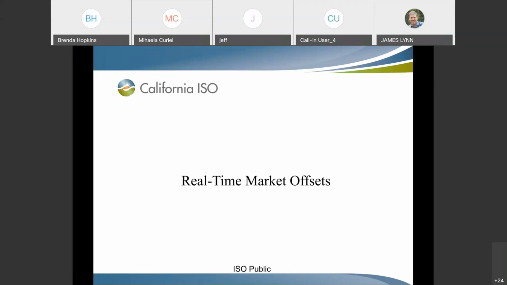Where are the costs coming from? How do we allocate, particularly the congestion? And what is the need for these offsets? So I wanted to do a high level of what the need is, and then go into how we calculate and how we allocate. If you have already been diving into these things, this will probably be a refresher.